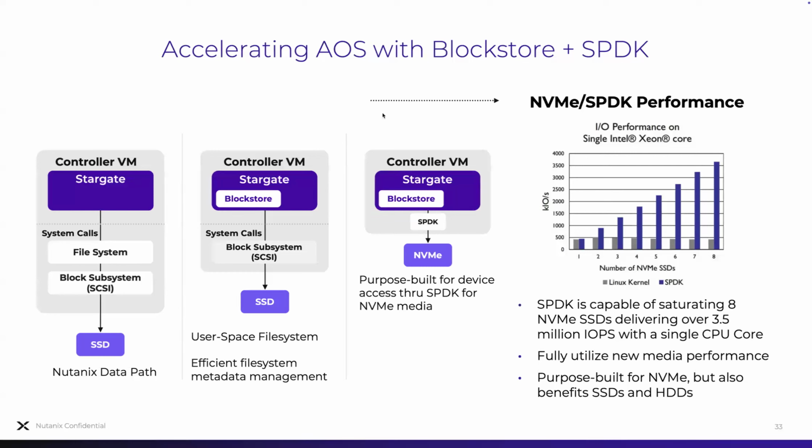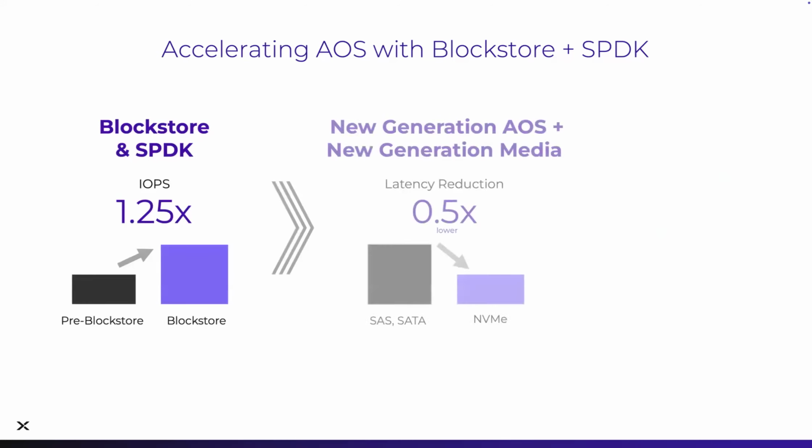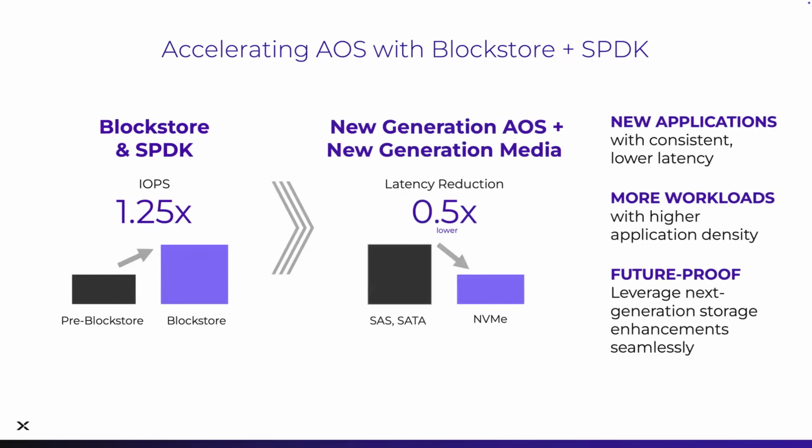And so we've got this new way of talking to NVMe that helps us really accelerate the speed that we deliver to customers. As we look at this, the new generations of AOS can provide 1.25 to 1.5 times the overall IOPS but also reduce the latency by half.